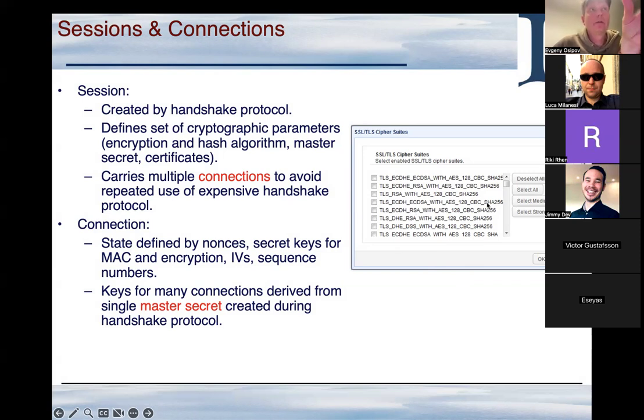Throughout this course we have covered many of these cryptographic techniques, which are used for actual protection of your communication session. Let's take just one as an example. For example, this one: TLS, DHE, RSA with AES, CBC, SHA.